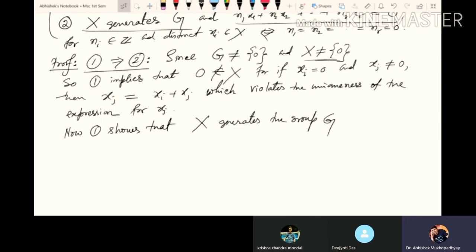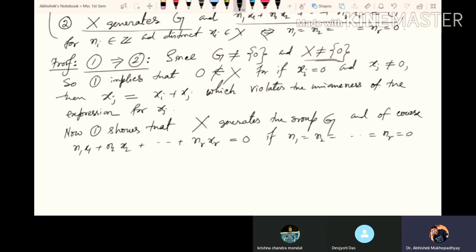So X generates the group G, and of course n1 x1 plus n2 x2 plus ... plus nr xr is 0 if we consider n1, n2, ..., nr, each of them is 0.